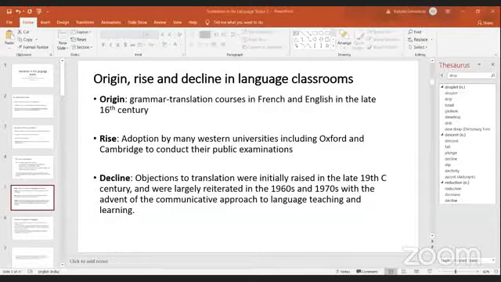So now these universities realized that modern languages should have the same academic responsibility as classical languages. Therefore, they understood that modern languages were to be taught like the classical languages. So they adapted the same methodology for modern language teaching in the 1860s as they used for classical language teaching.